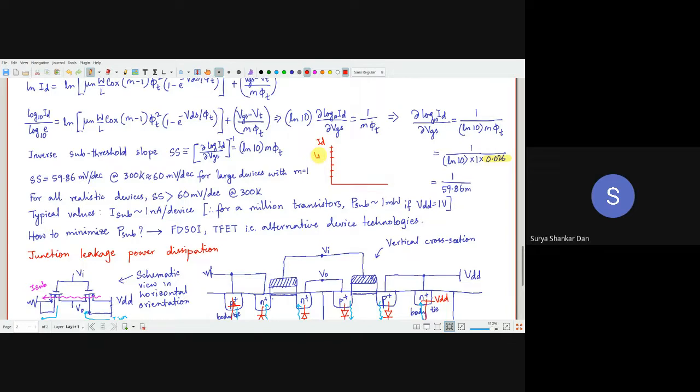If you plot on a log scale, and this is your VGS, here is your VT, then this will be almost flat, as I said, and after that it will go up like that.